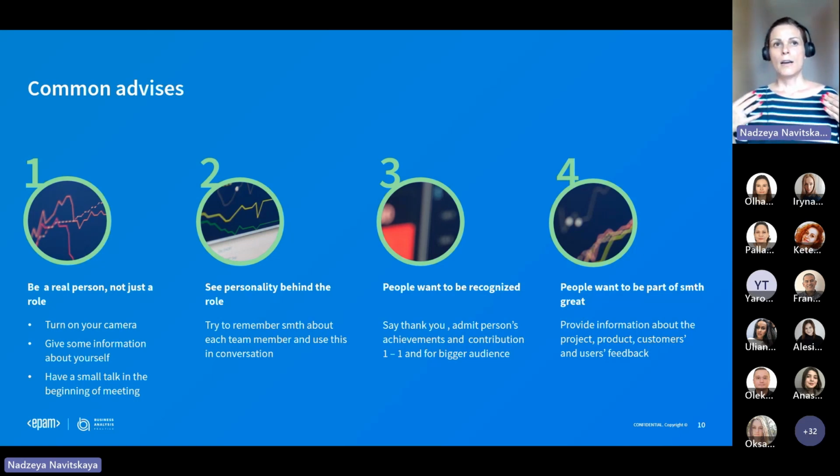So you as a business analyst are the person who has access to such information, because you may attend management meetings, and you can get customer satisfaction surveys. So be generous, share this information with the team, share customers' and users' feedback, so they can understand that they're really a part of something great.